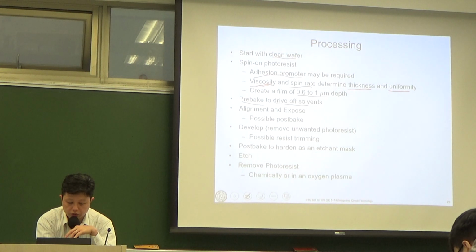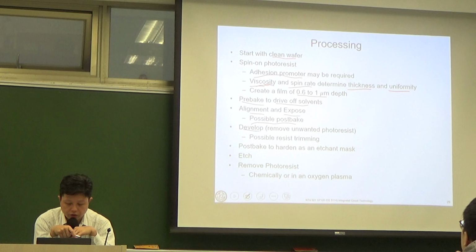And then we can do the alignment and exposure in the three types of exposure system we just introduced. And there's a possible post-bake, which means sometimes we'll use that to enhance some chain reaction in your chemicals, in your photoresist.